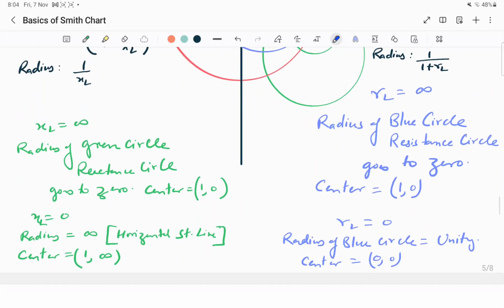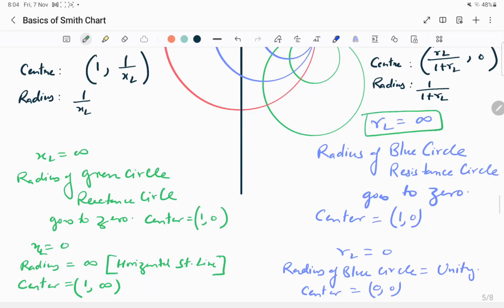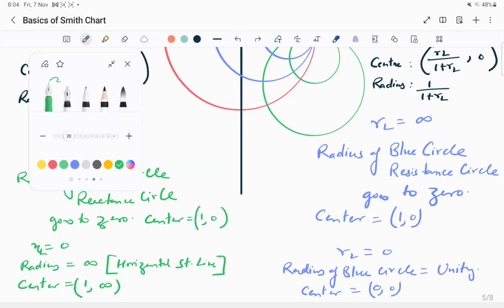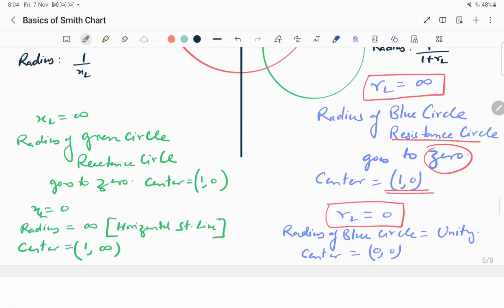Alright, okay, so the two important points in this case are: when RL is equal to infinity, the radius of the resistance circle goes to 0 and the center is at 1 comma 0. When RL is equal to 0, the radius of the resistance circle becomes unity and the center is at 0 comma 0.